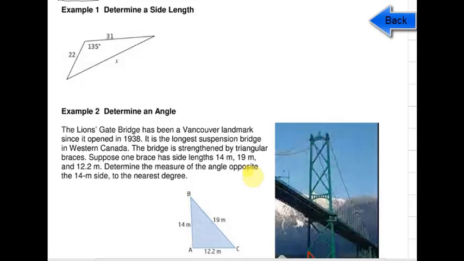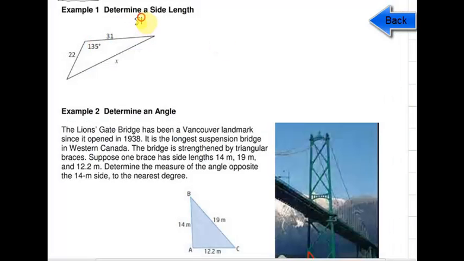Okay, so we're going to take a look at our first example where we will use the cosine law to determine the missing side of a triangle. Once again, you will want to know whether you're going to use the sine law or the cosine law on any triangle that's not a right triangle. The information that we have is a side, an angle, and a side.